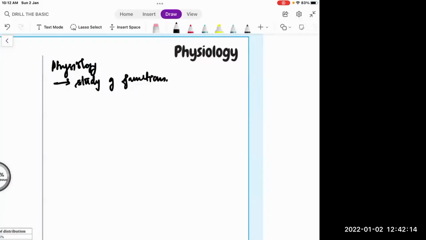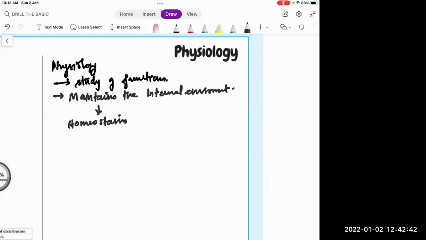These physiological functions play a major role in maintaining the internal environment. When you talk about the maintenance of the internal environment, you term that homeostasis.